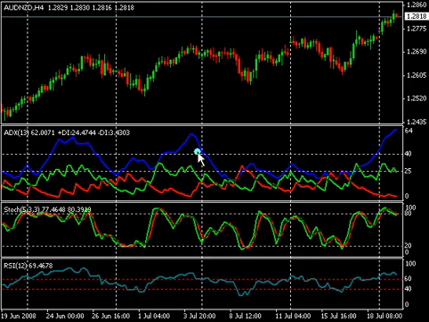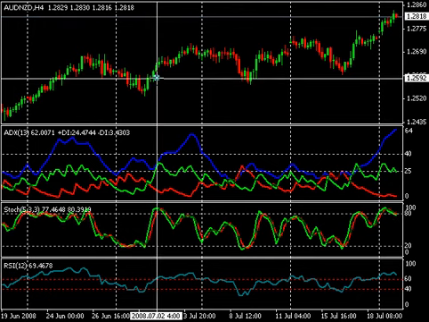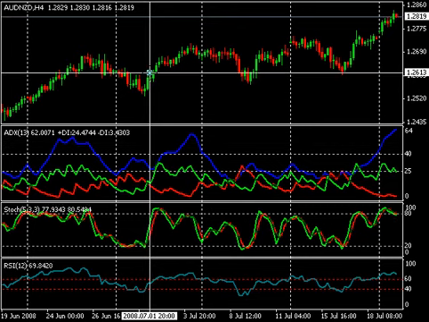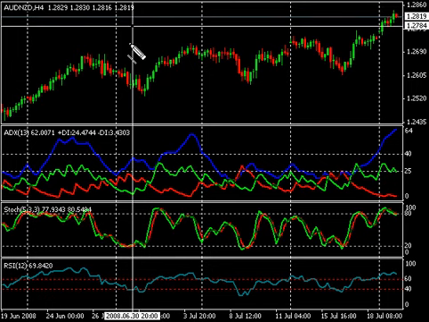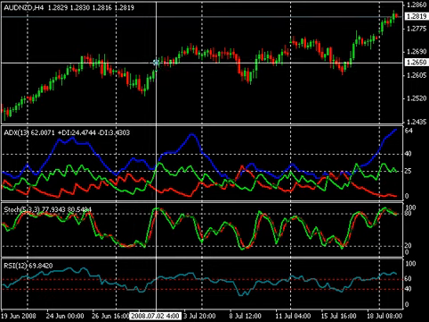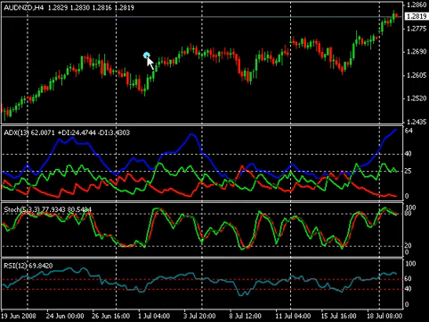Now, how would you get confirmation? What are we talking about when we say confirmation? Okay, it simply means that at this moment in time, if we draw a line, we're going to look at other indicators, and those other indicators should be telling us the same thing.